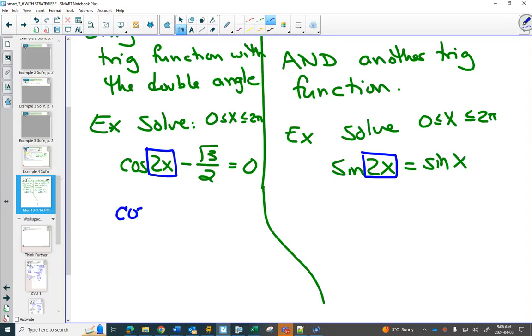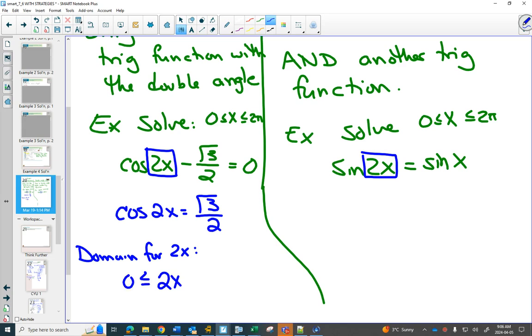So in this question, we would get cos 2x by itself. Move the root 3 over 2 over the other side. We rewrite our domain for 2x. So our domain was between 0 and 2 pi.